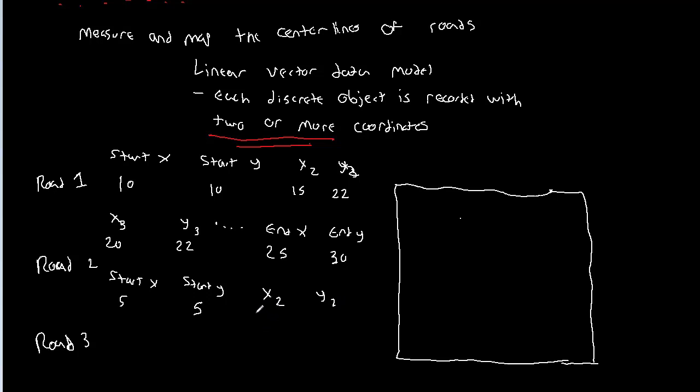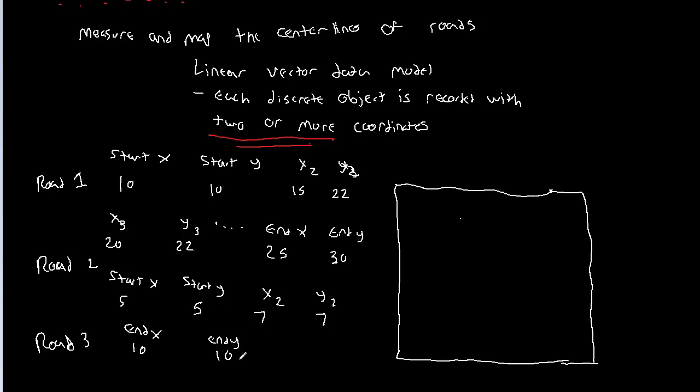Maybe this is 7, 7. And then finally, this road's a little bit shorter, so it only took 3 coordinates. So we would have our end x and y. And just for fun, let's say this road ended at the intersection where the first road started.